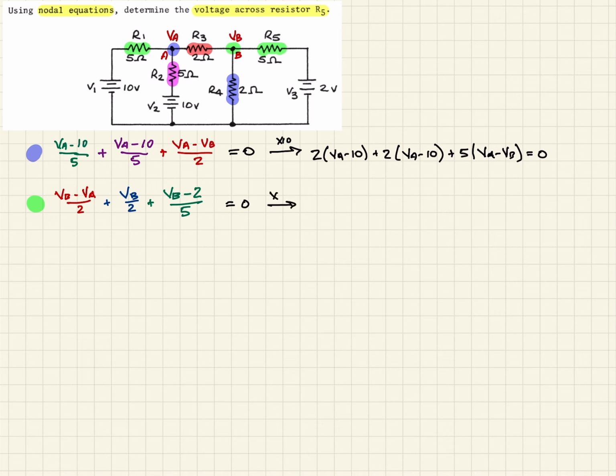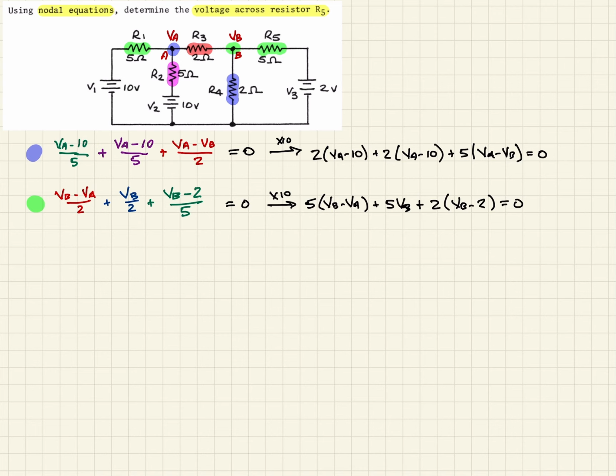Same thing on the bottom, multiplying by 10: 5 times (VB minus VA) plus 5 times VB plus 2 times (VB minus 2). That will all equal 0.